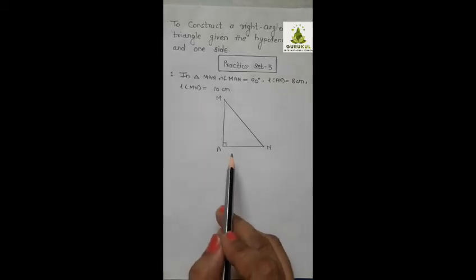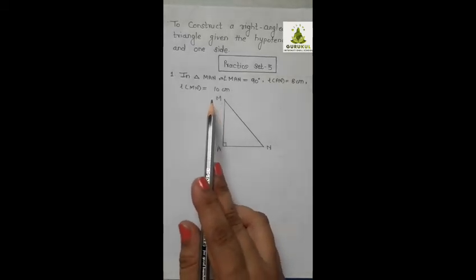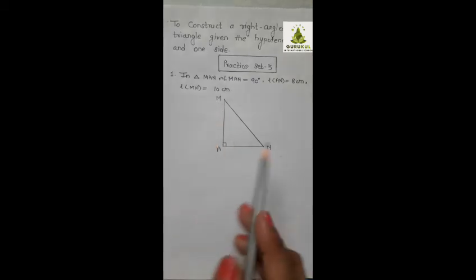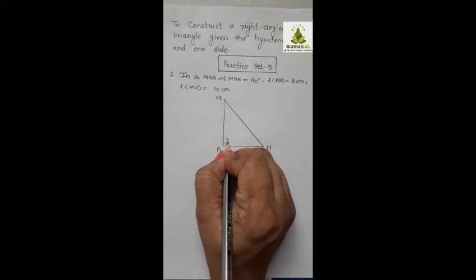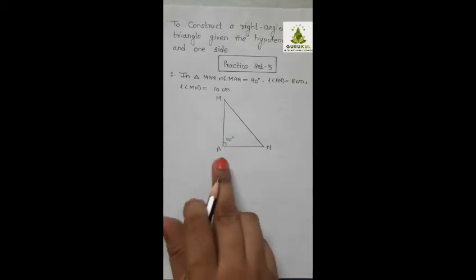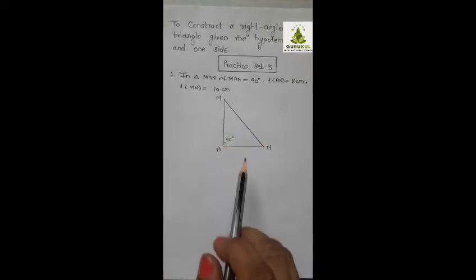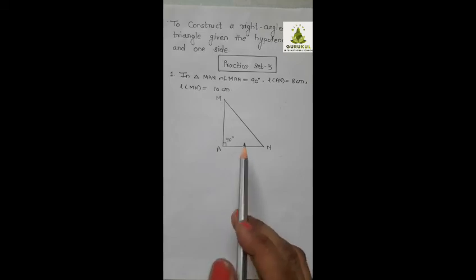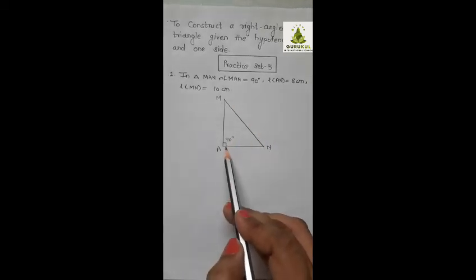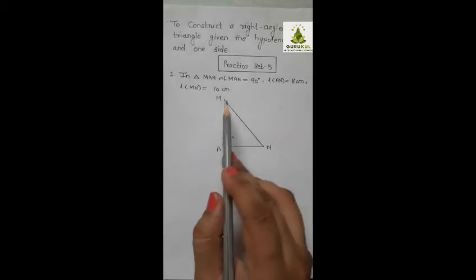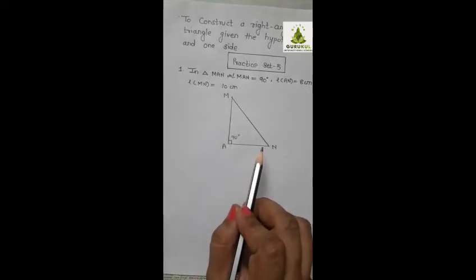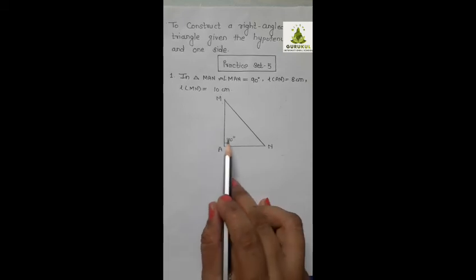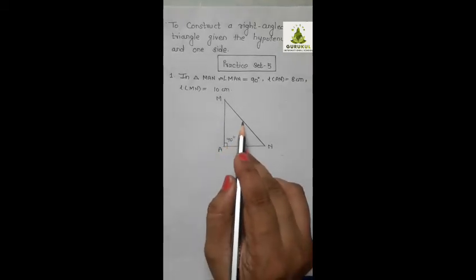For example, in this figure, I have drawn one right angle triangle MAN where angle A is of 90 degrees, or we can call it as right angle. In this right angle triangle, the side opposite to right angle, here in this figure side MN, which is opposite to right angle A, is called as hypotenuse.